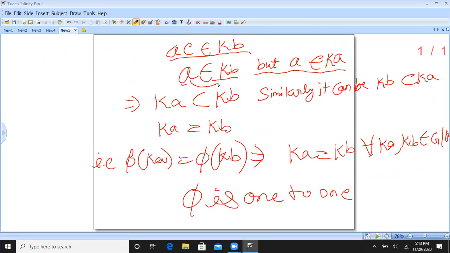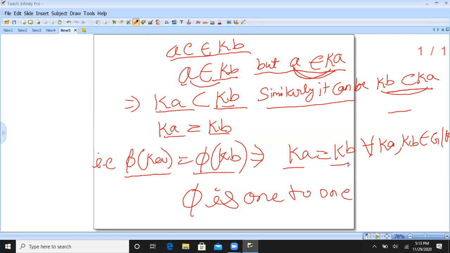Therefore we can write KA is a subset of KB. Similarly KB is also a subset of KA. Therefore KA is equal to KB, so phi of KA is equal to phi of KB, which implies KA is equal to KB for all KA, KB belonging to G by K.